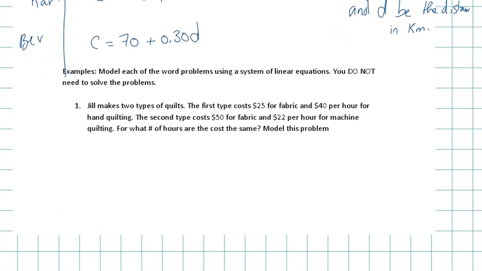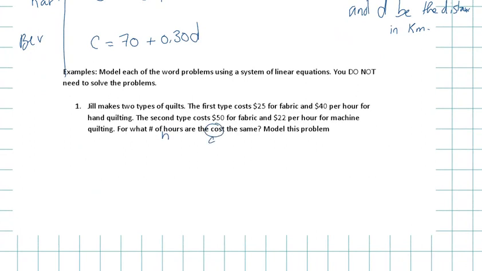C for cost and H for hours. That's right. So a lot of times your question is going to tell you what your variables are going to be. If you read this, what number of hours, so that means you're looking for hours, are the costs the same? So it's telling you what your variables are.